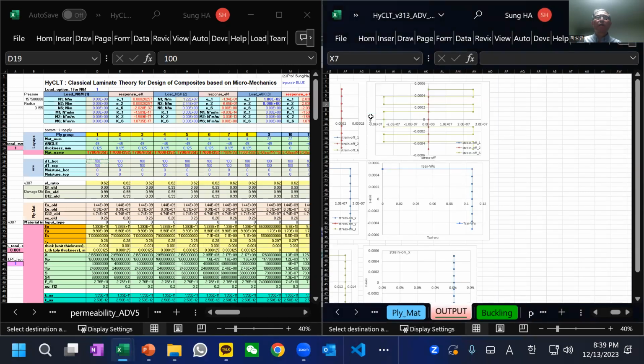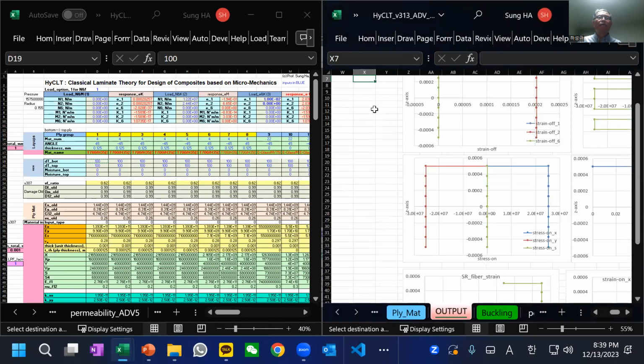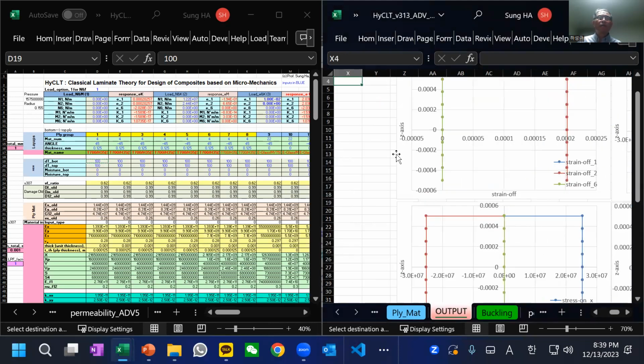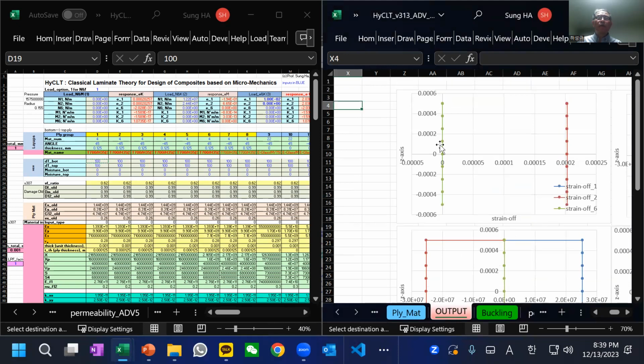As you can see here, I hope it's clear to you. Through the thickness, we have the off-axis laminate strain, 1 and 2. Actually, the green one is strain 6.